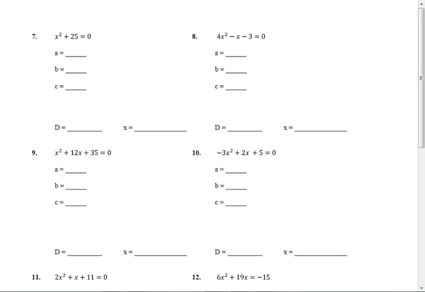Okay. It's ax squared plus bx plus c equals 0. What's A? A is the number in front of x squared. India, what's A?